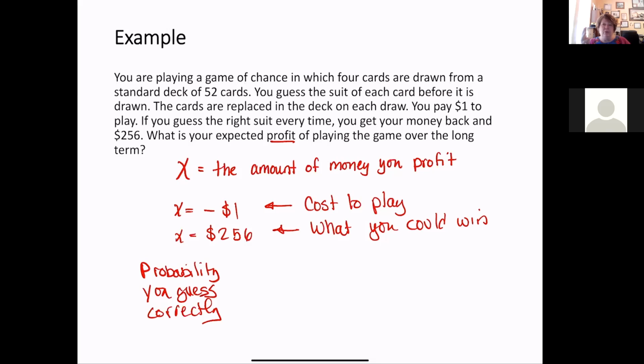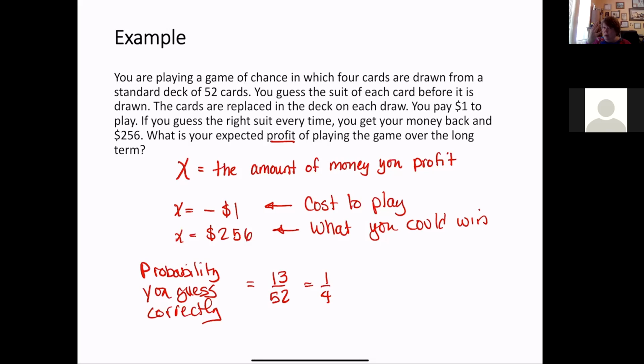So the probability that you guess the suit correctly would be 13 out of 52 for one card, or 1/4. So the probability that the first card that you draw out that you guessed correctly would be 1/4.